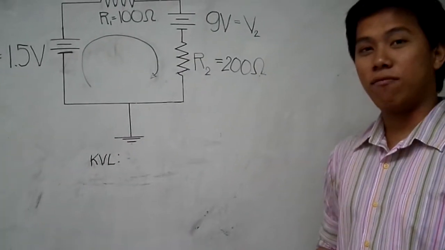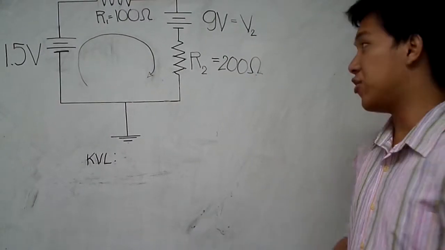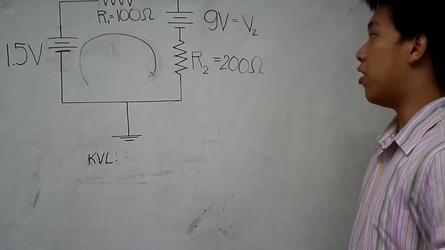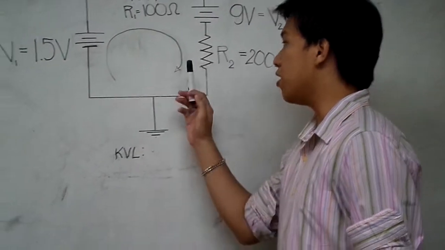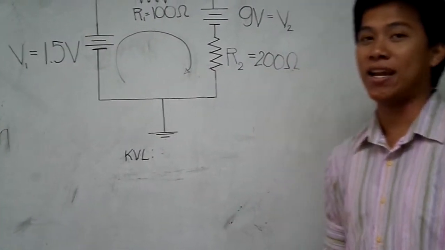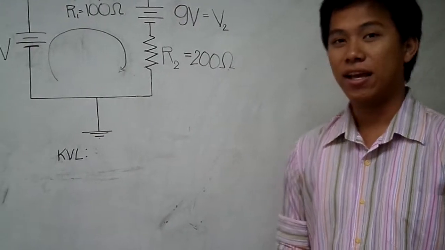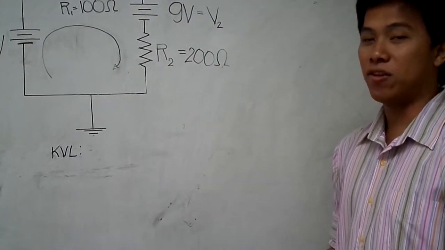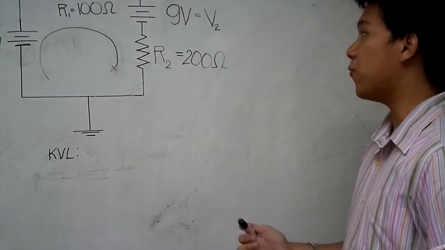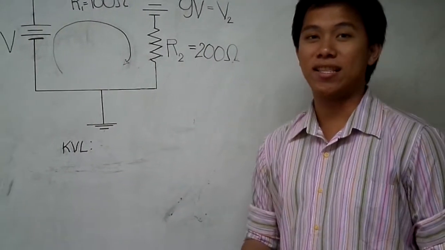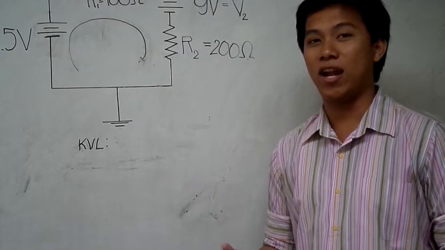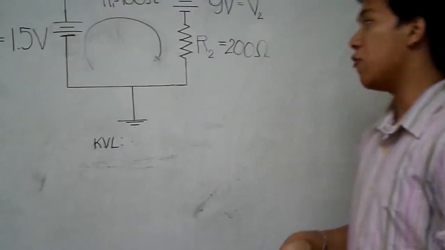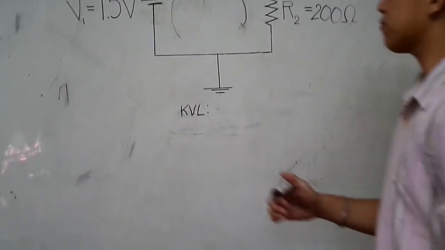Before we write an equation, we must know first the polarity of the components. If the loop enters the negative polarity and exits to the positive polarity, the sign of that component will be positive. On the other hand, when the loop enters the positive polarity and exits to the negative polarity, the sign of that component will be negative. Now we can solve for the equations.